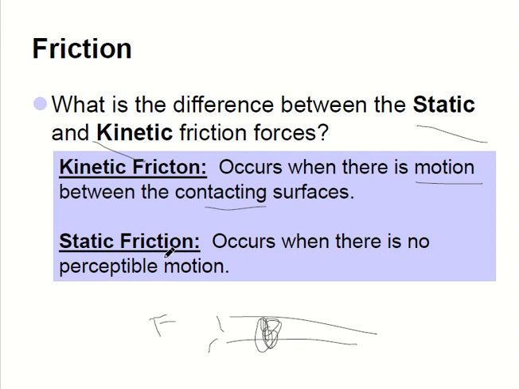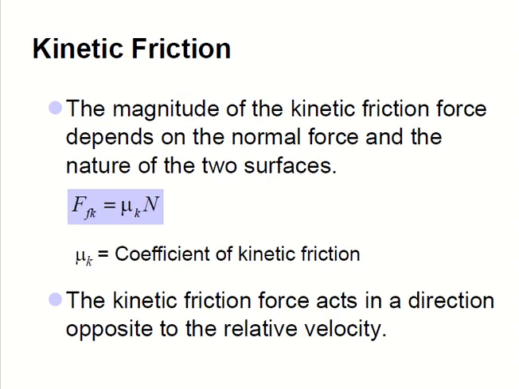The static friction happens when there is no perceptible motion, meaning we do not have motion between the two surfaces. Motion between the two contacting surfaces, you have a kinetic friction.